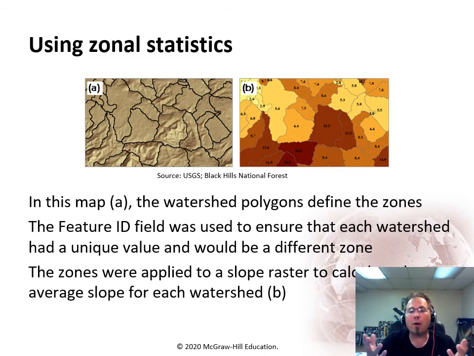There might be more runoff in a watershed with a higher average slope value than a lower one. This wouldn't have been possible without this particular tool. It's a hugely helpful tool to combine rasters and polygons, or two rasters together, and get back values from one zone to another. It's a very powerful technique.